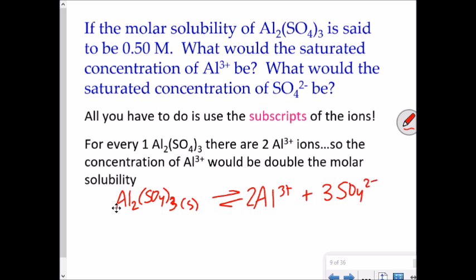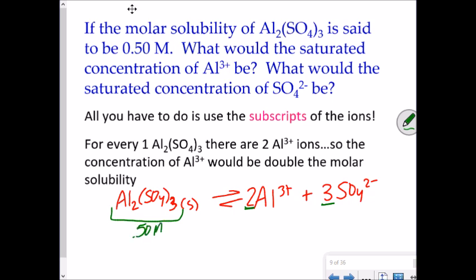So you have your stoichiometric relationship. You can do this by stoichiometry, or you can do it the faster way, just looking at the ratio based off of the subscripts, which is basically the same thing as the molar relationship in the reaction here. 2 of the aluminums for every 3 of the sulfates. Now remember, this is only one formula unit. This is 0.5.